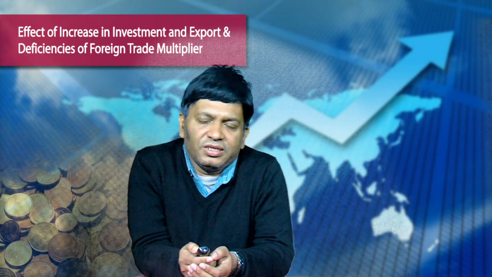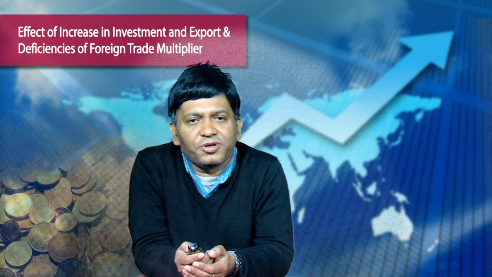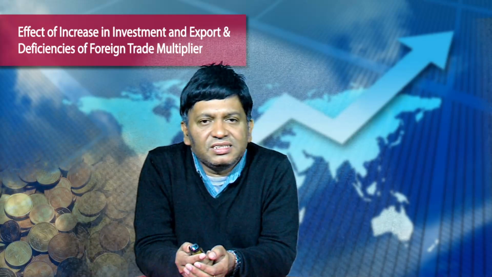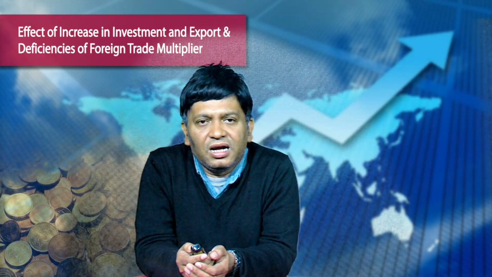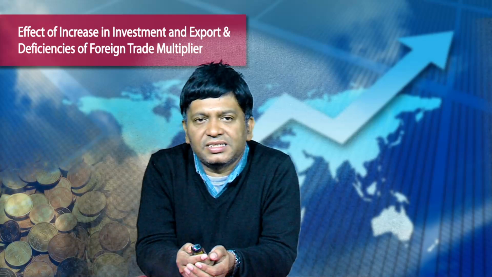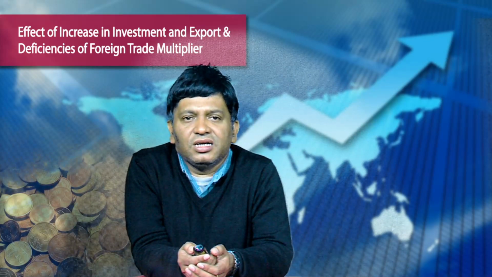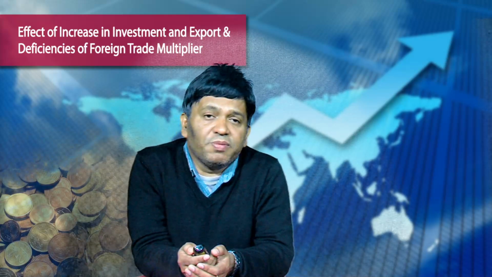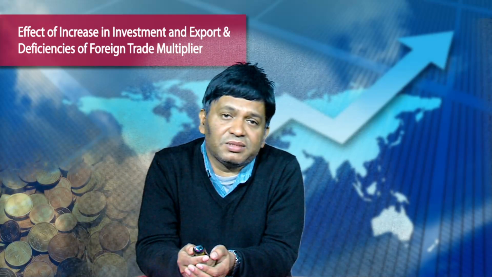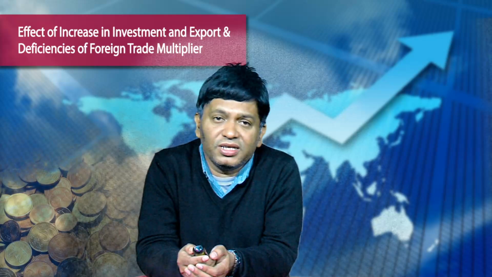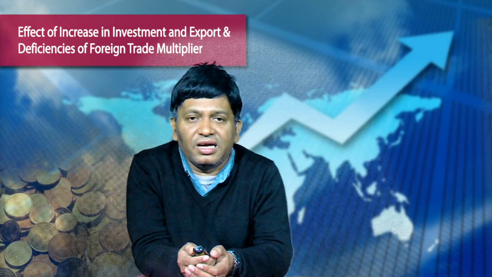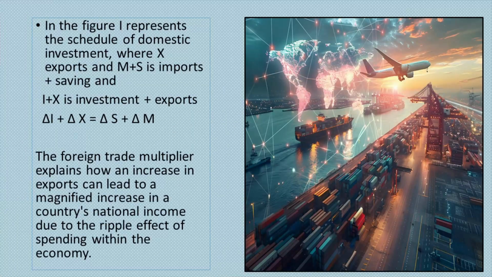By coincidence at one point of time we may have saving equal to investment, but at the next equilibrium we may not have the change in saving equal to the change in investment. That has to be matched by changes in the other two components, so that in summation we have change in investment plus change in export equal to change in saving plus change in import.